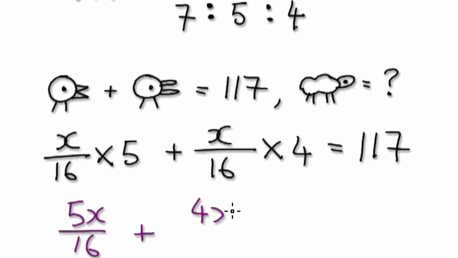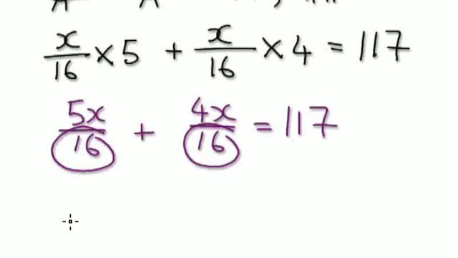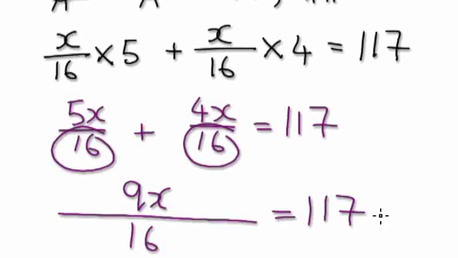So it will become 4x over 16 equals 117. Now, same denominator, so you can merge the two. So 16, and then 5x plus 4x will be 9x. Over here it will be the same.